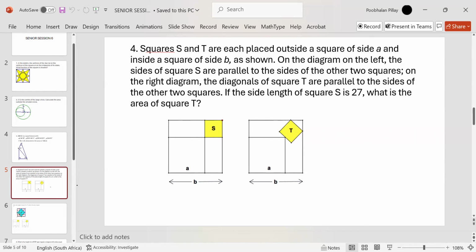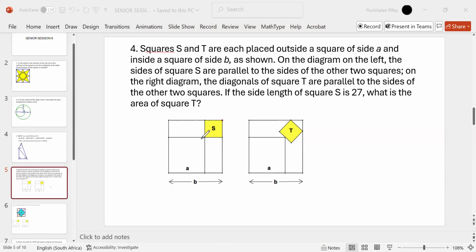Okay, what is it? It's given that you've got a square. In fact, two squares are identical, and you've got this little square drawn inside it.